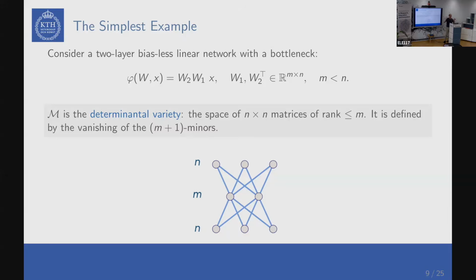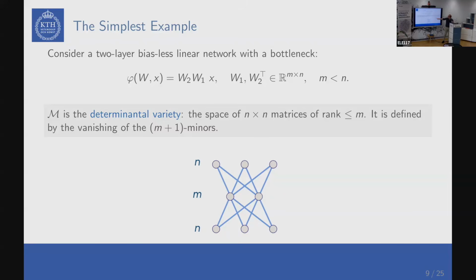So a matrix has rank at most m if and only if all the m+1 minors vanish. The minors are determinants of submatrices, so they're algebraic. The determinant is a polynomial in the matrix entries. And so this is a system of polynomial equations whose space of solutions is exactly the determinantal variety. So this is another example of an algebraic neuromanifold.